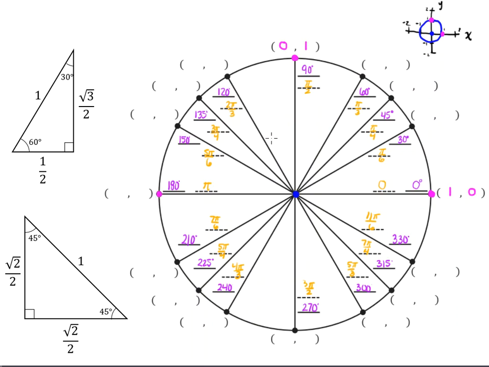This point right here corresponds to that point right there, which is negative 1 on the x and 0 on the y. And this 270 down here corresponds to this guy right there. I guess I should fill in the dot. And that is 0 on the x and negative 1 on the y.